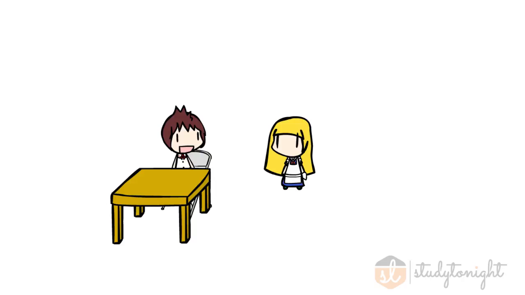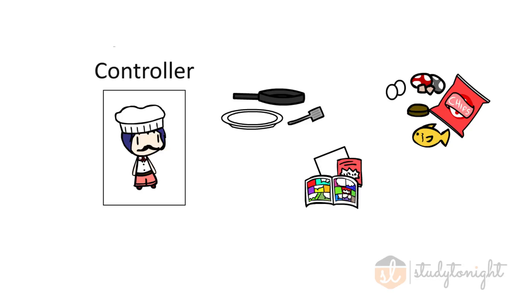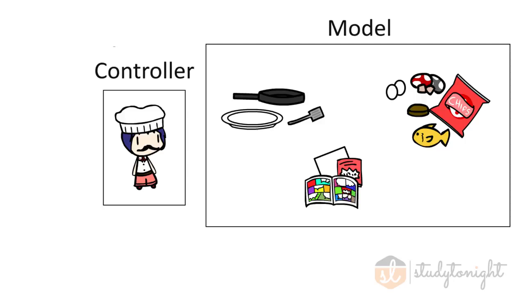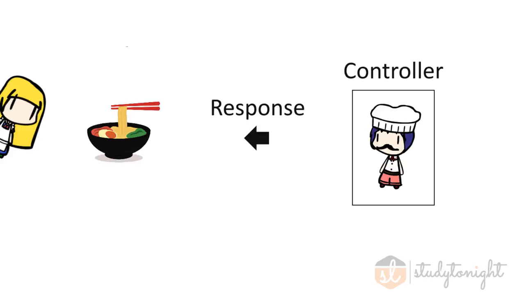The controller is the chef here, who receives and processes your request. The chef has access to utensils, recipes, and ingredients, which he then uses to fulfill that request. These are what form the model, that is, the component that processes the request and sends out a proper response. The controller then takes that response and sends it back to the view for the end user.